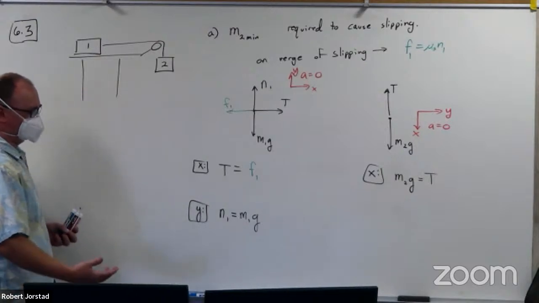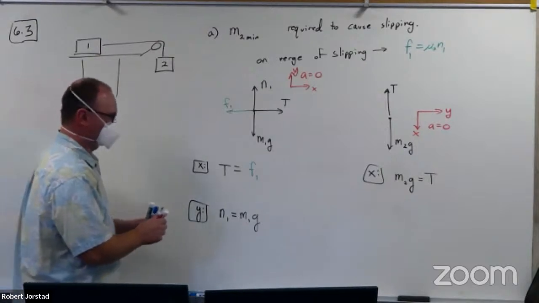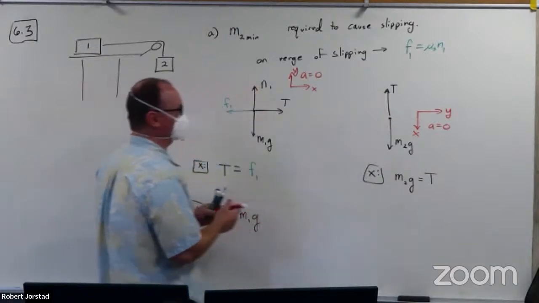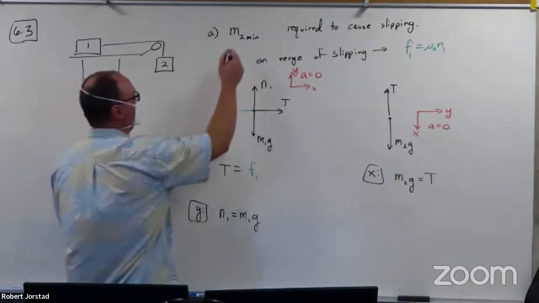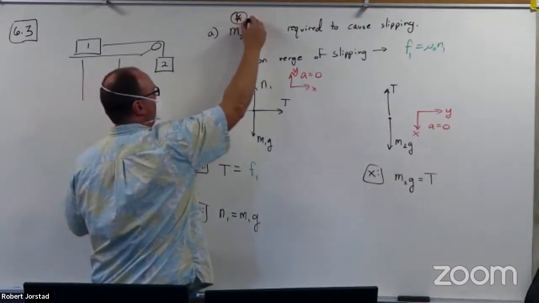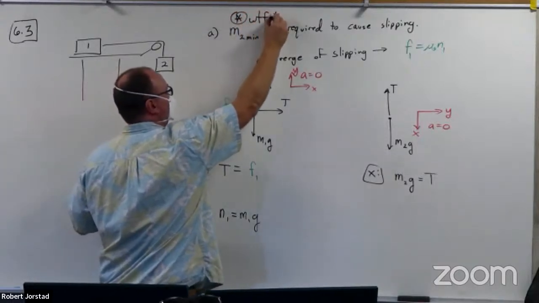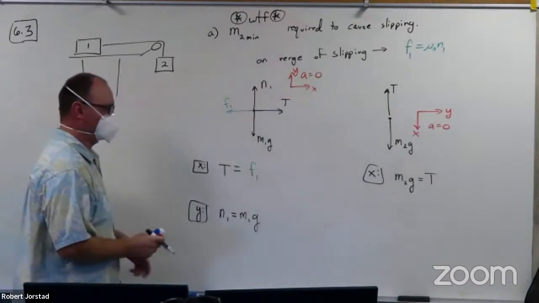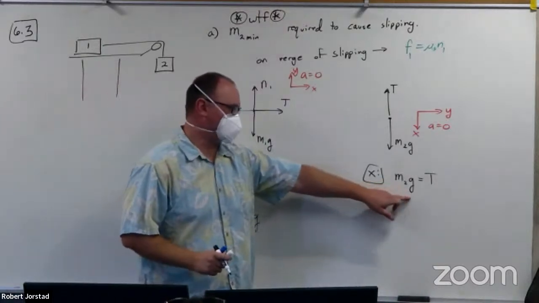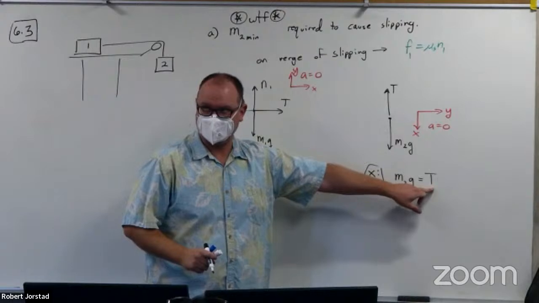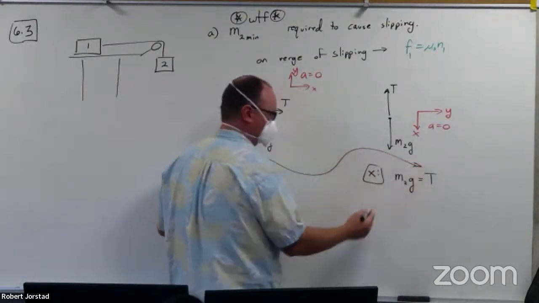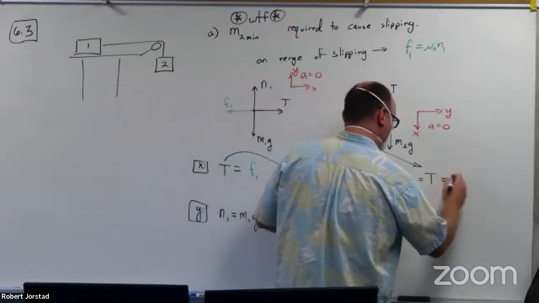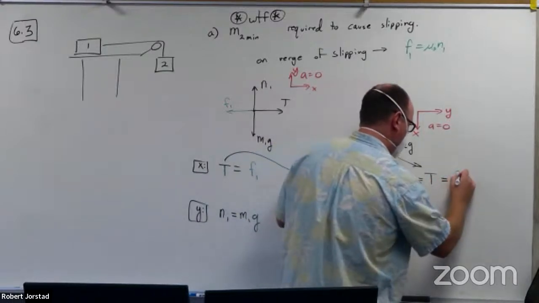All right, so in this case, what are we trying to find? M2. Well, I look here and I'm like, okay, I know g, but I don't know T. Well, let's try shoving this equation in and see if that helps. So that's going to be F1.